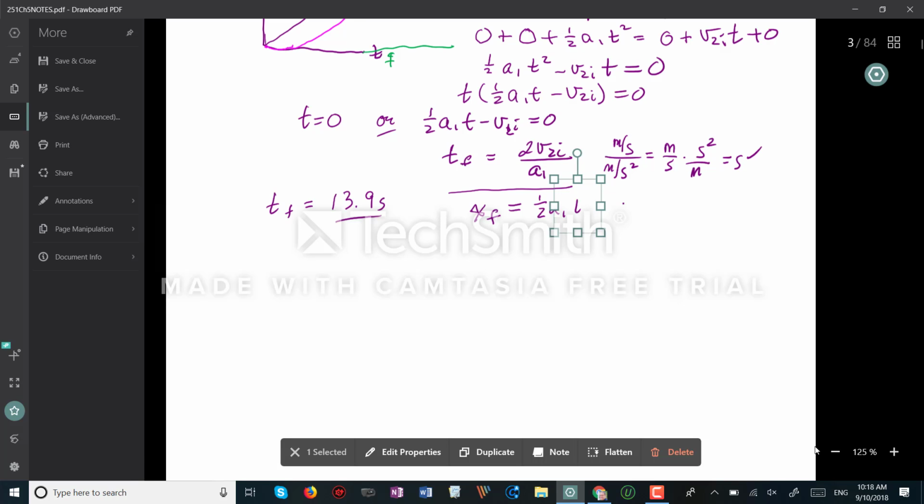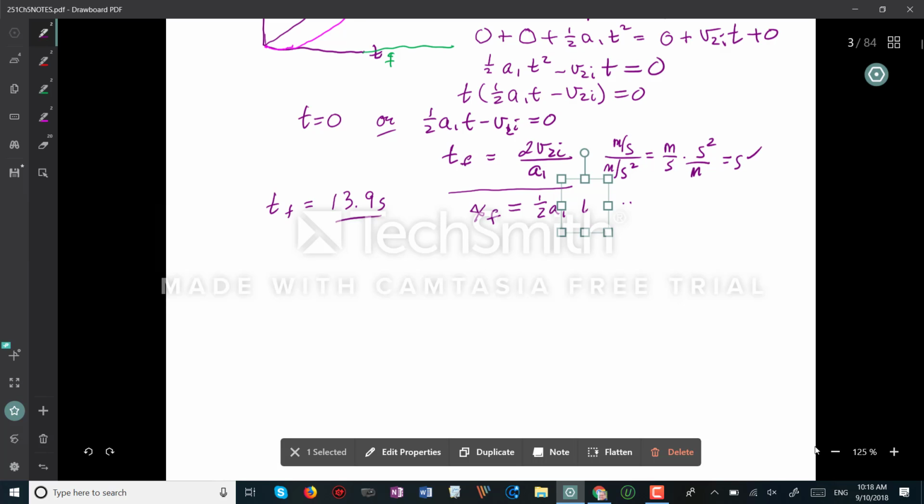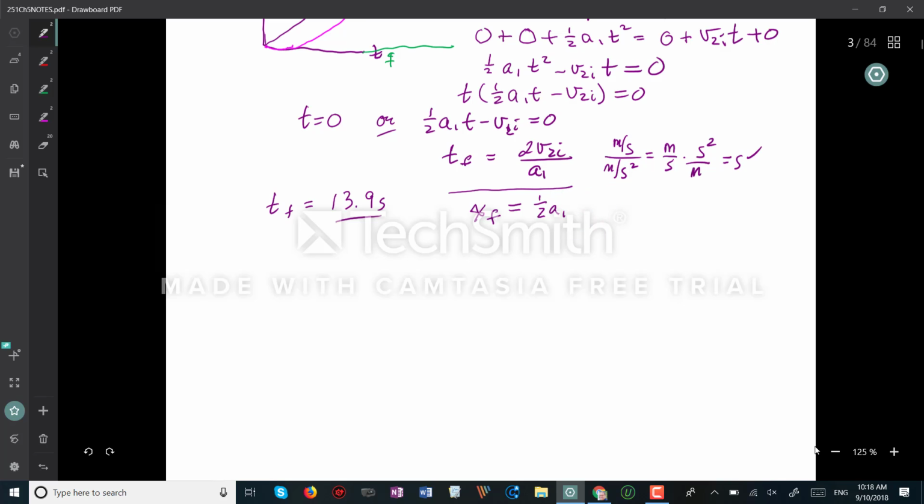Good. 1/2 A1t squared. And I get 347 meters.